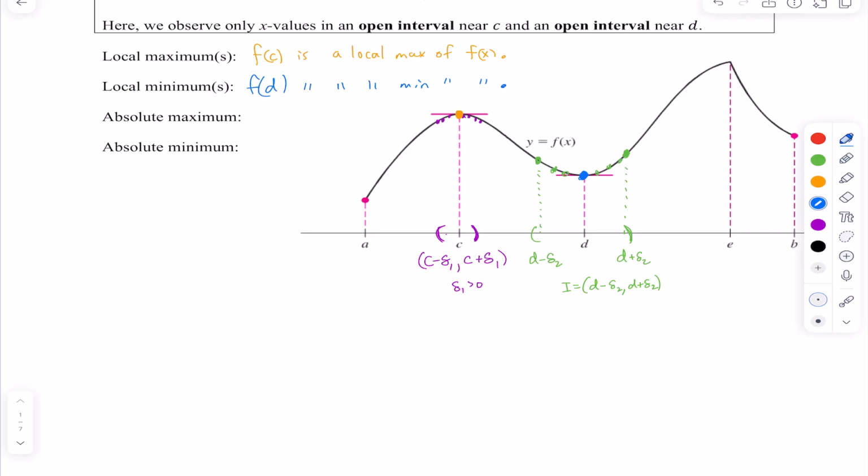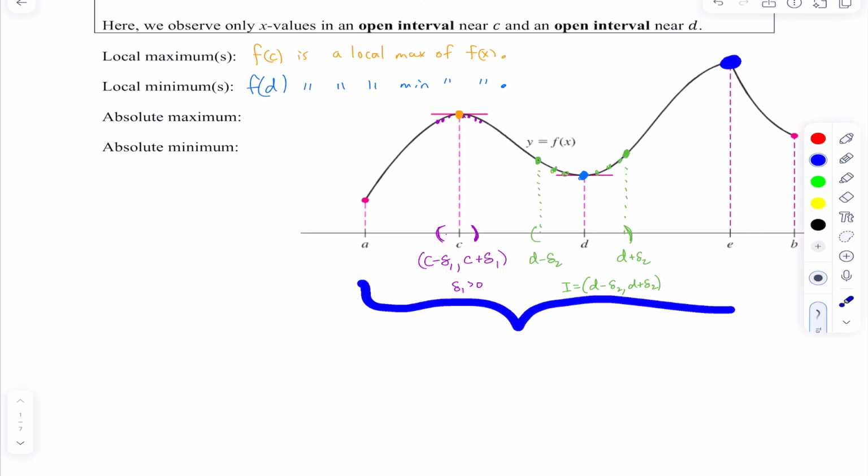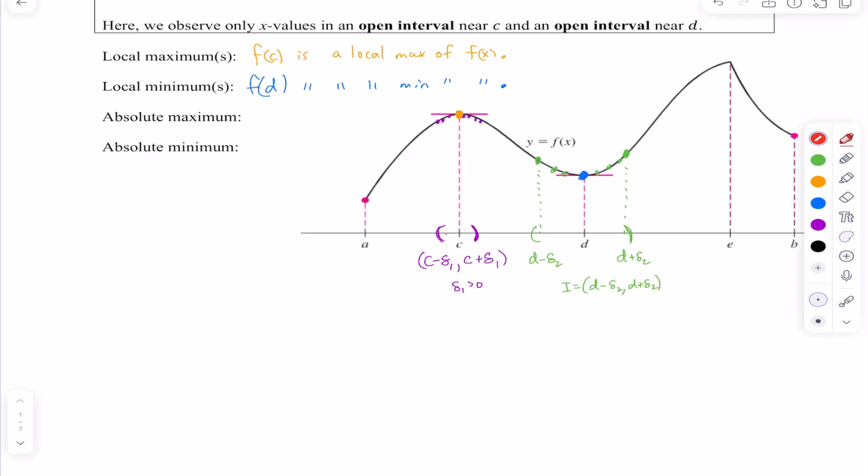Now, what is an absolute max? According to the definition, these aren't too difficult to spot as long as you have a picture. For the absolute max, we consider the entire world here, the entire interval from a to b. You could think of the entire domain of the function as the world or the universe that this function lives in.